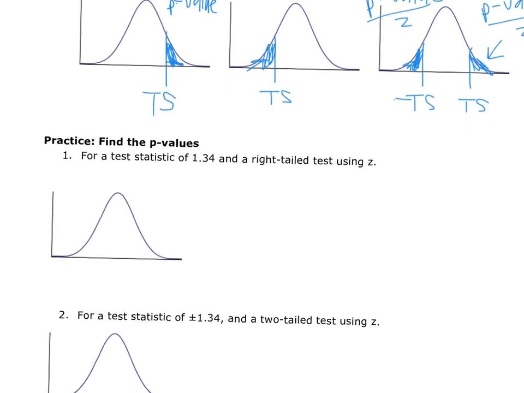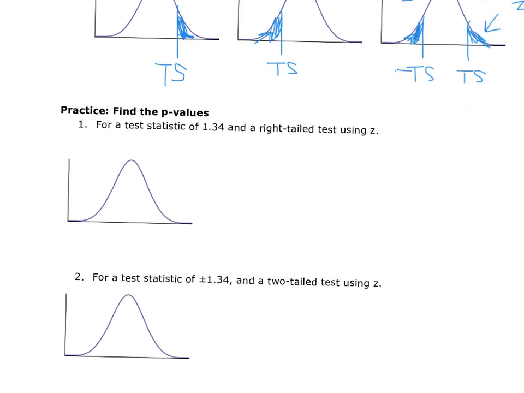So finding the p-value is just a matter of plugging the test statistic into the online calculator. Let's do an example here. If we've got a test statistic of 1.34 and a right-tailed test, we can mark our test statistic of 1.34 on our distribution, then the p-value is going to be this shaded area.